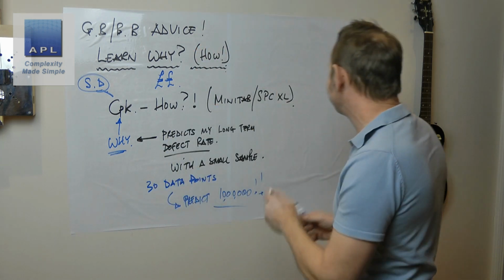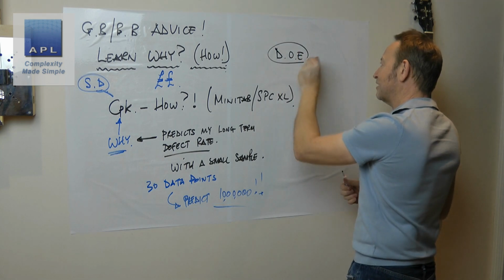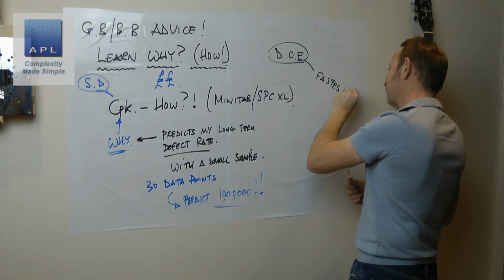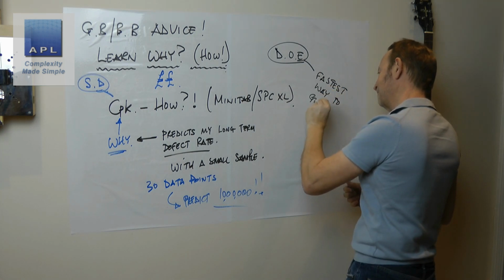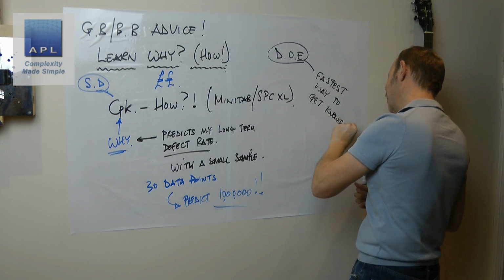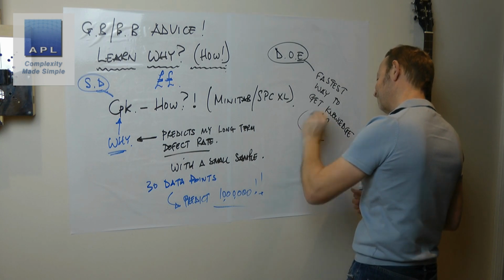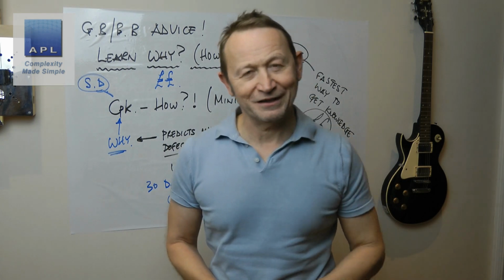Why do you do a DOE? Why do I do the DOE? Because it's the fastest way to get knowledge. In other words, it's the fastest way to make more money.